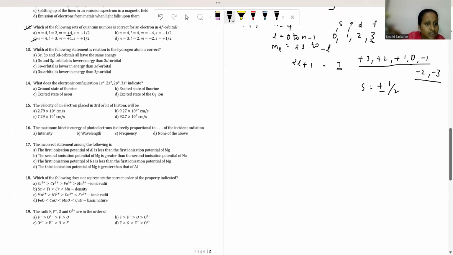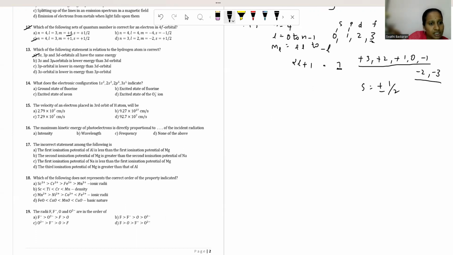Now coming to the 13th question. Which of the following statements in relation to the hydrogen atom is correct? Now what are the options? 3s, 3p and 3d orbitals all have the same energy. Yes, this option is correct and related to hydrogen atom. Now coming to the second option: the energy of 3s, 3p orbitals is lower than 3d orbitals. This will become correct only in case of multi-electron systems.